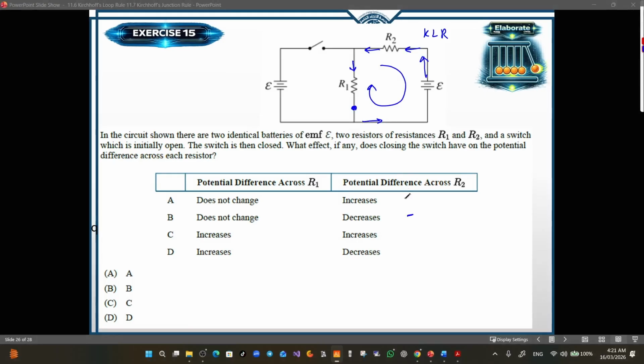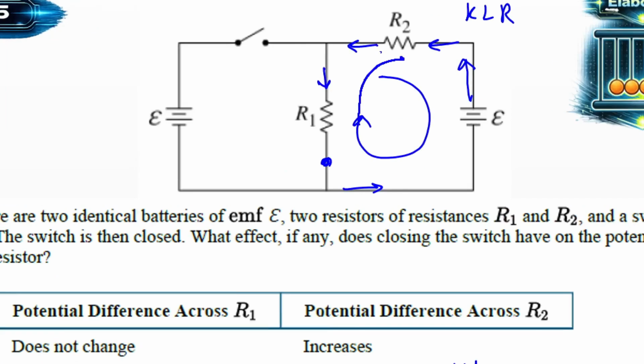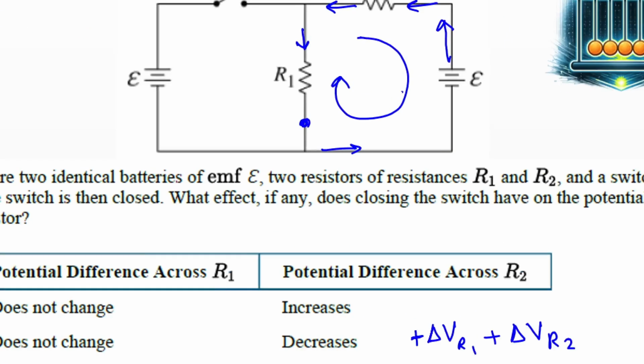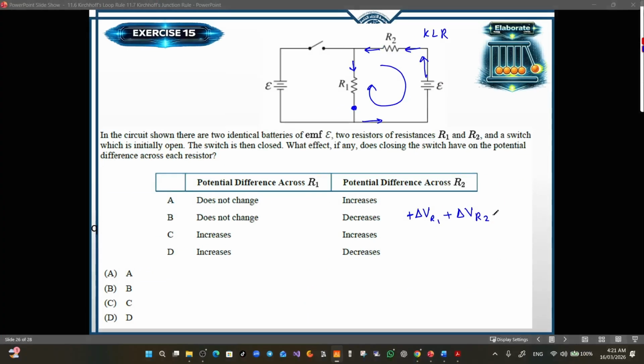So the potential difference across R1 is plus delta V R1. Now moving around the direction of my loop, we complete the rotation, it will be opposite to the direction of current, and the potential difference across the resistor should be positive. So plus delta VR2. And finally, we complete the loop to the battery. Since we are entering the positive terminal first, the electromotive force should be written with a negative sign, equals 0.